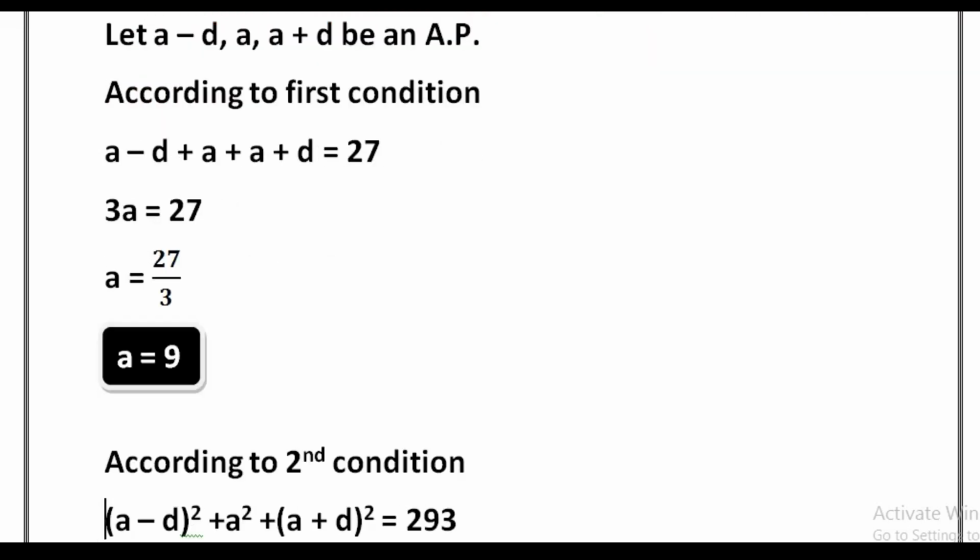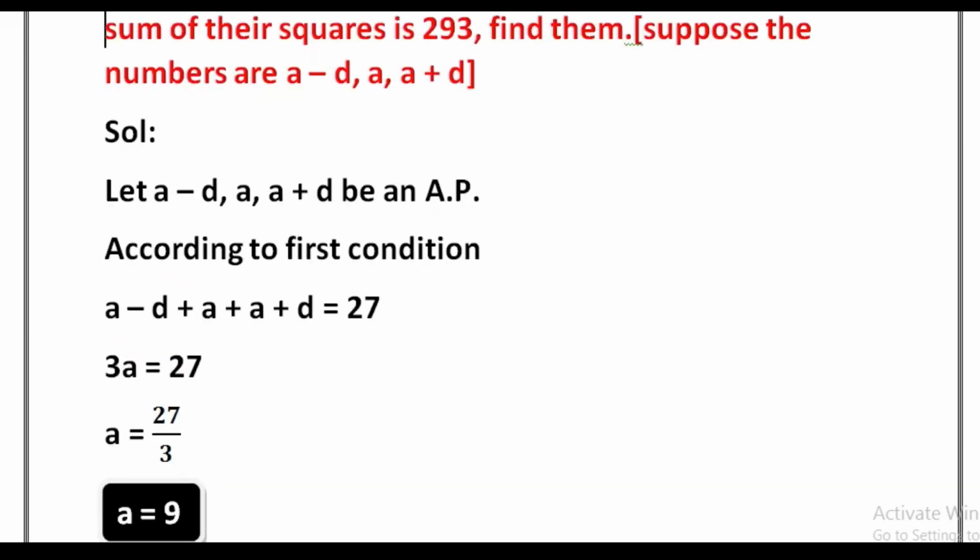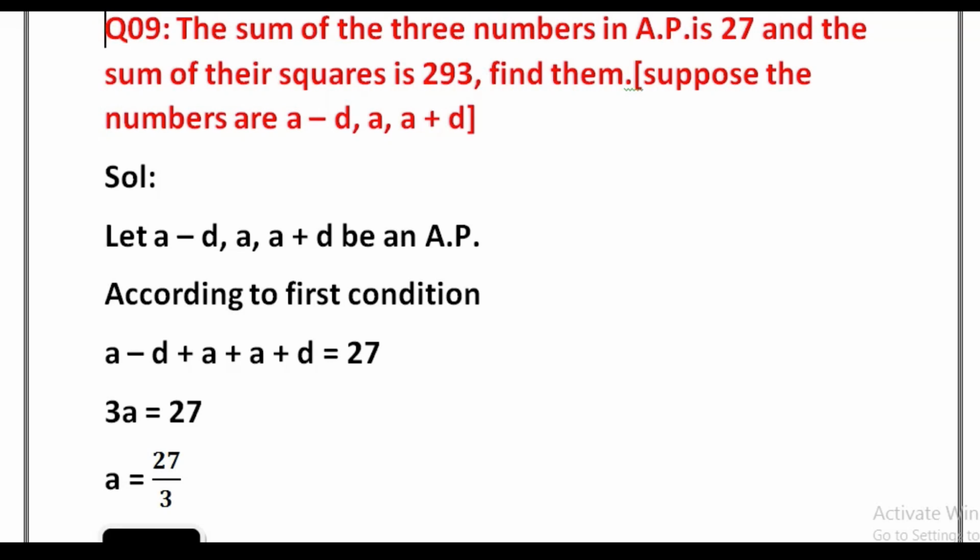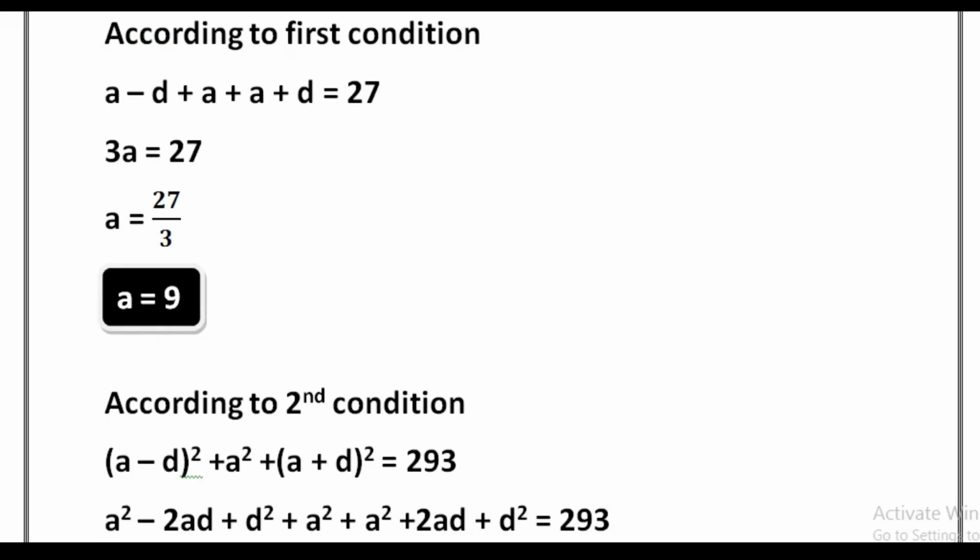Next, according to the second condition, the sum of their squares is 293. So dear students, (a minus d) whole square plus a square plus (a plus d) whole square is equal to 293. Expanding, a square minus 2ad plus d square plus a square plus a square plus 2ad plus d square is equal to 293.